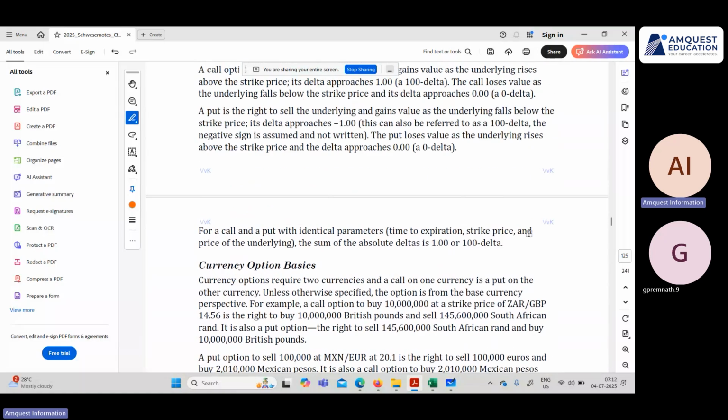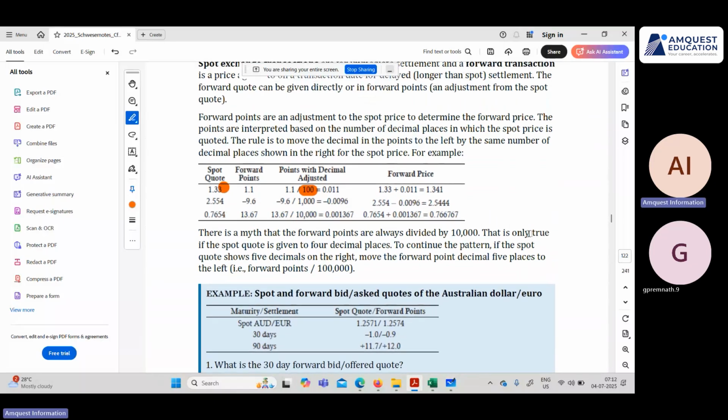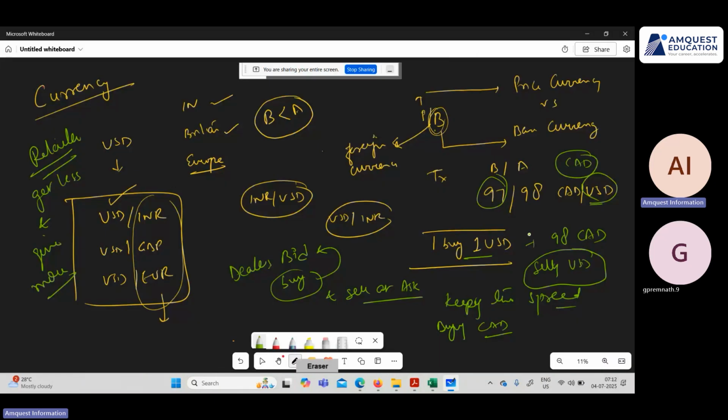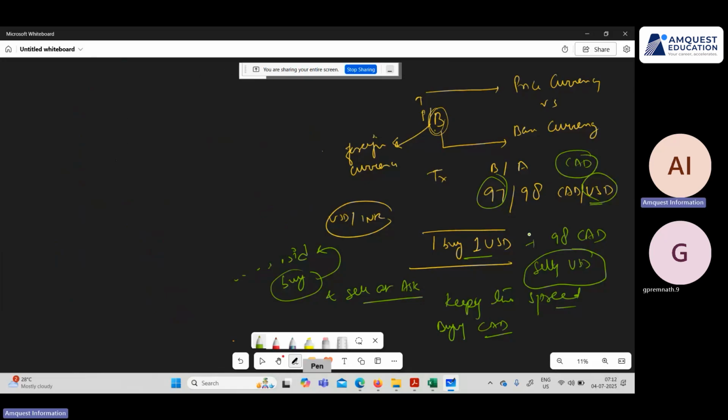We did a question where we looked at the forward quotes, and I said that depending upon what your spot rate is, if the forward points are 10 and the spot rate is 1.52, then we do not blindly do 1.52 plus 10 by 10,000. Rather, we looked at the number of decimals here. So if it is 1.52, we do 10 by 100, and that's how we got the forward quote.